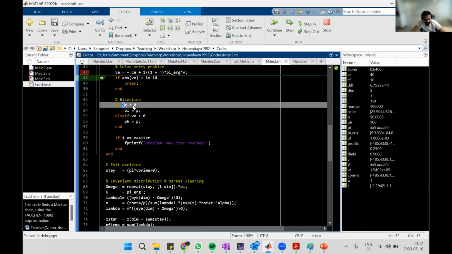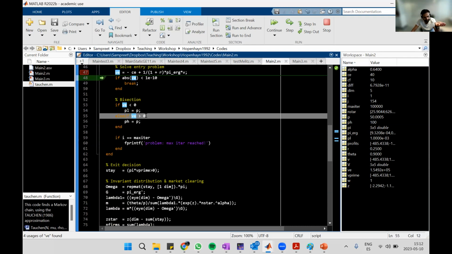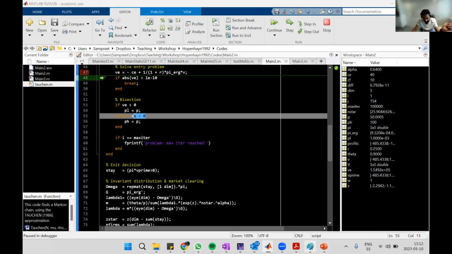What I'm saying is if the value, this thing, is negative, it means cost is too high, then the lower bound should adjust. If cost is too low and the value is too high, then the upper bound should go down, such that you converge to the midpoint. Always remember this.